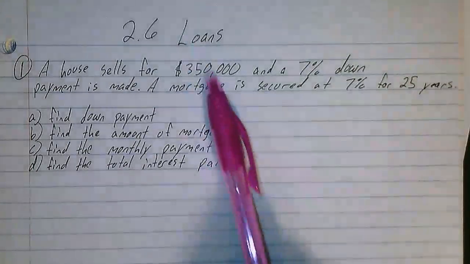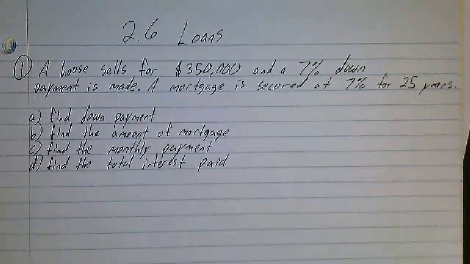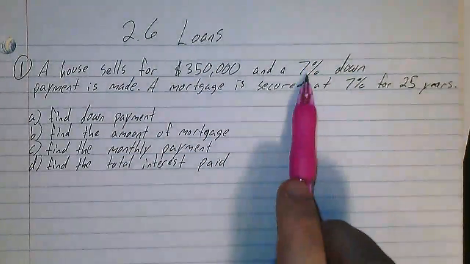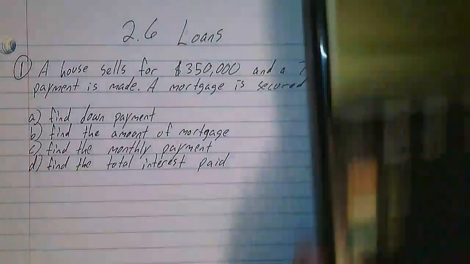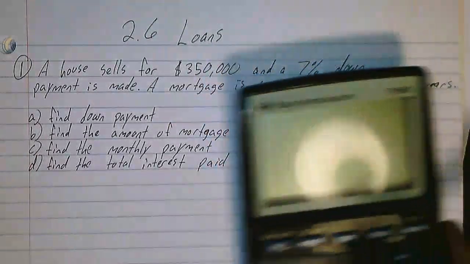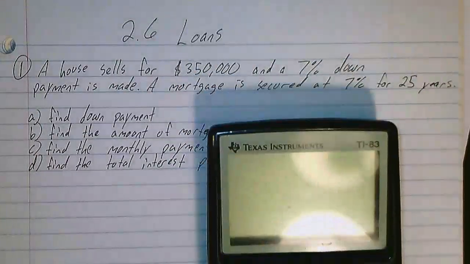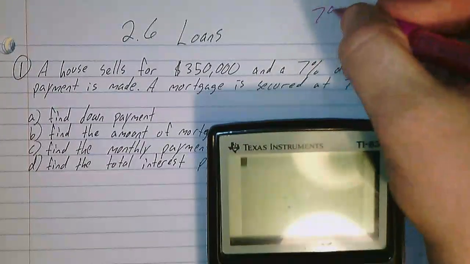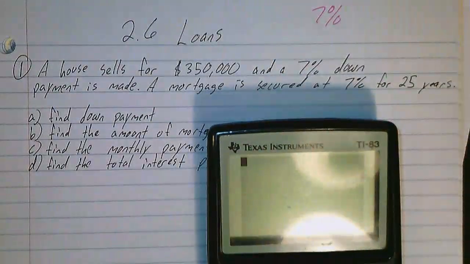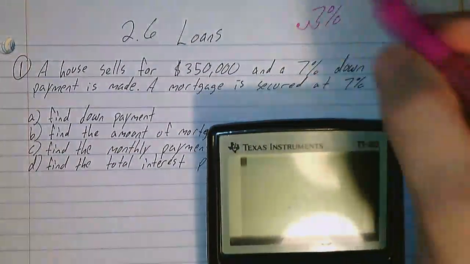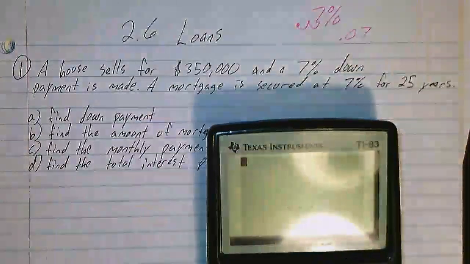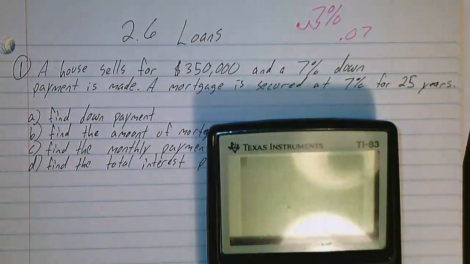So, the house cost $350,000. We make a 7% down payment. How big is that down payment? Well, the easiest way to do this is with 7%. We can move that decimal back twice to the left to convert from a percent to a decimal. So 0.07.